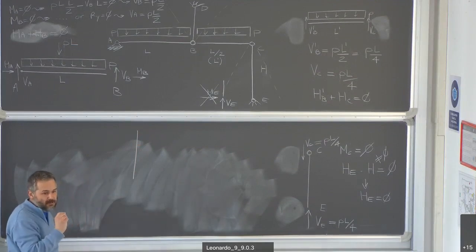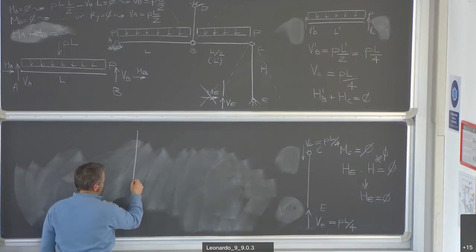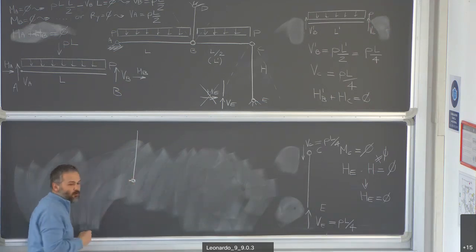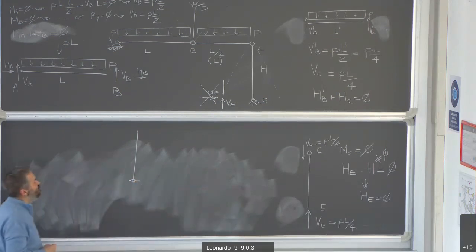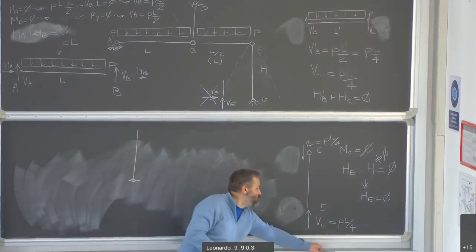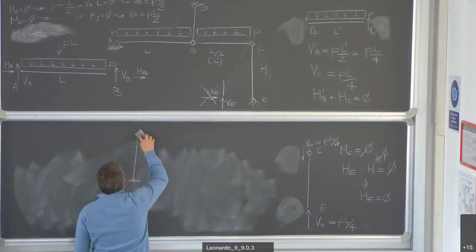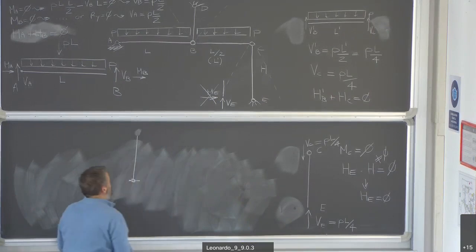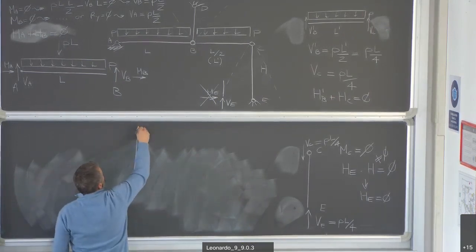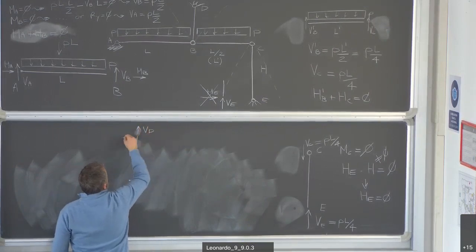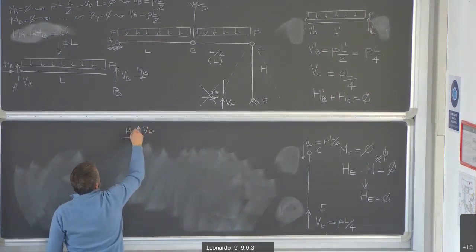And look at how I'm drawing it. Let's keep the hinge. Let's keep a small portion of the beam to the left, and a small portion of the beam on the right. What do we have, generally speaking, for this tie? A hinge at the top means I expect to have a VD and an HD.